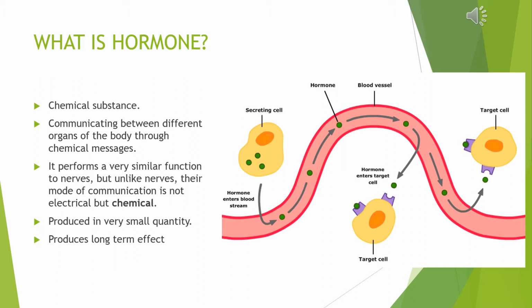Now, it is a communicating system, and we also know that the nervous system is a communicating system. So what is the basic difference between hormone communication and nervous communication? The main difference is that the nature of hormonal communication is chemical, but the nature of nervous communication is electrical.